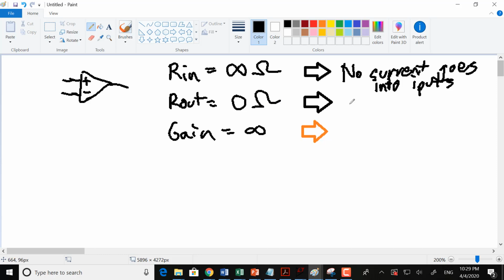Rout equals 0 means it can supply infinite current without changing Vout.